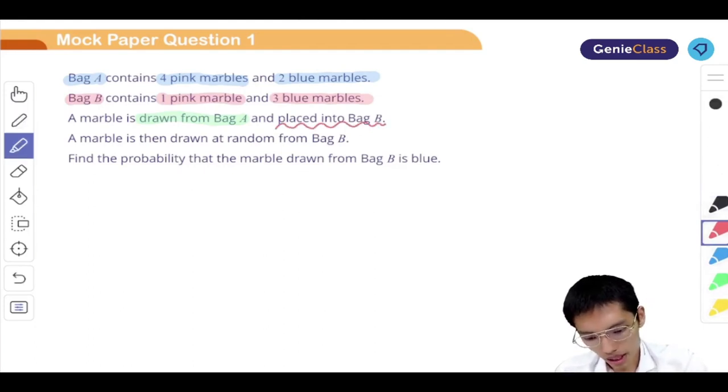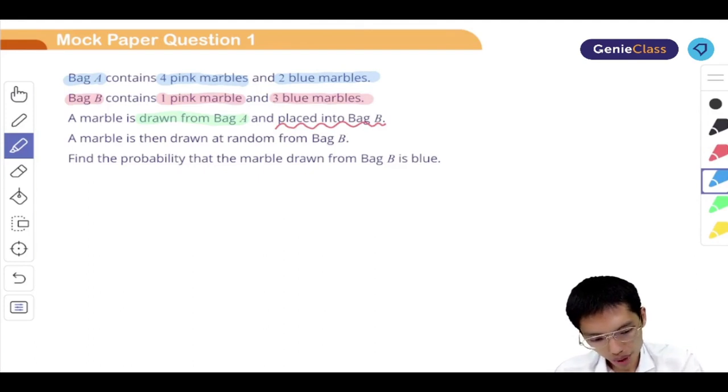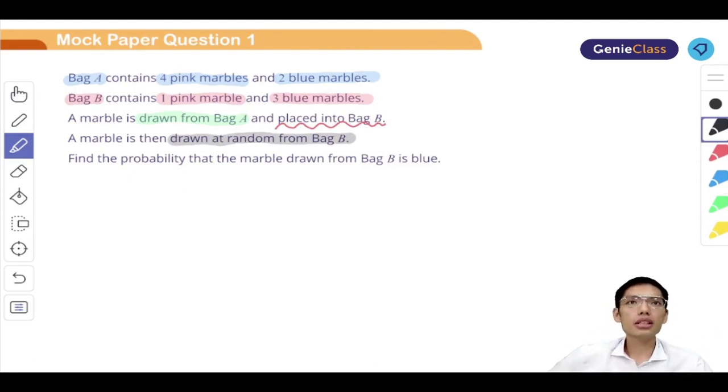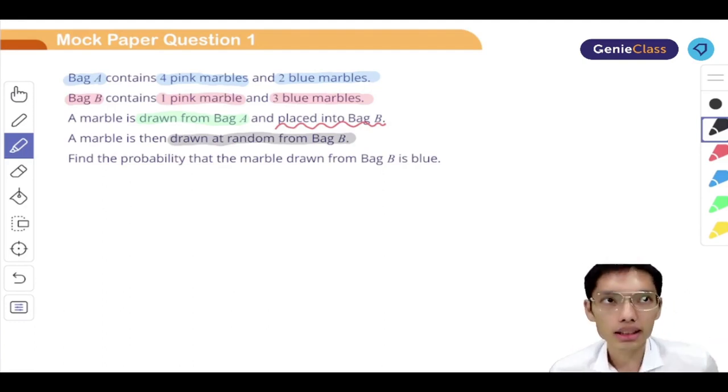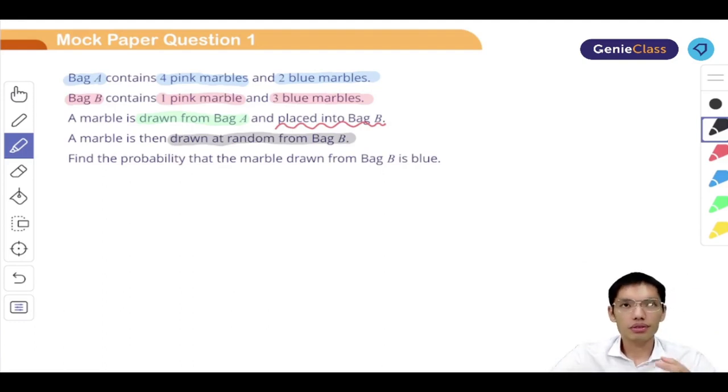Then from there, what happens? I draw at random from bag B. Okay, so find the probability that the marble drawn from bag B is blue. Now if you take a look at this, what will be the first instinct that comes to your mind?